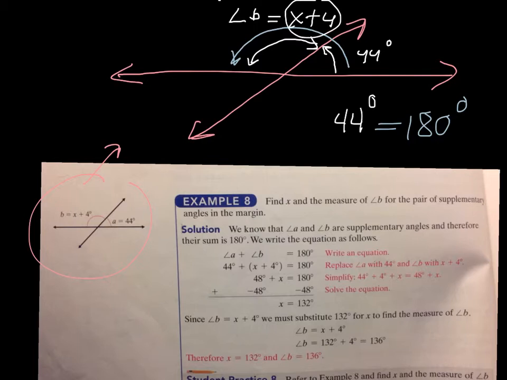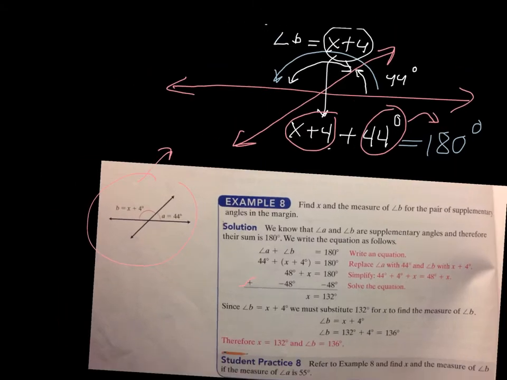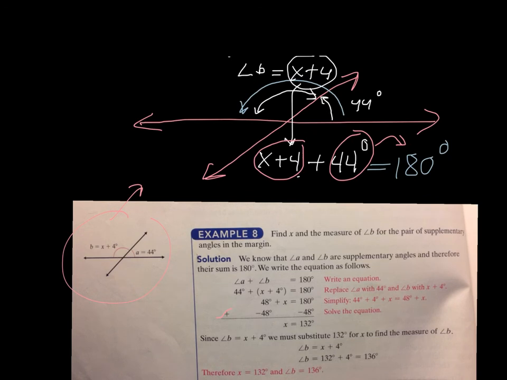So if we take that x plus 4 and substitute it for our angle B, we now have a set of different numbers and a letter that we want to eventually get by itself. So again, this is angle B plus angle A equals 180. See it there? Okay. So let's bring that down slightly. Let me delete that.